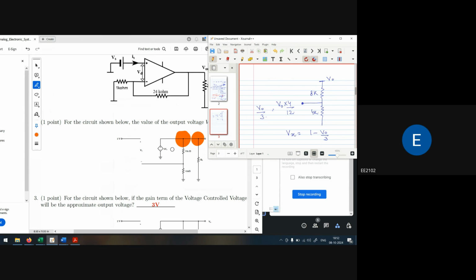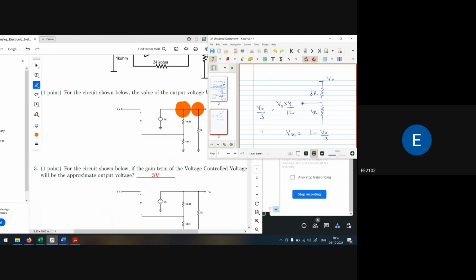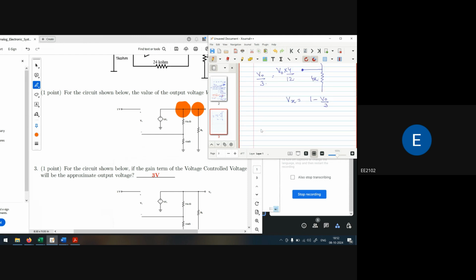Now the voltage source is 6 Vx. This Vx, 6 Vx, I can say it is also the V0.